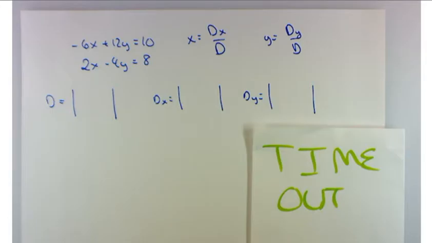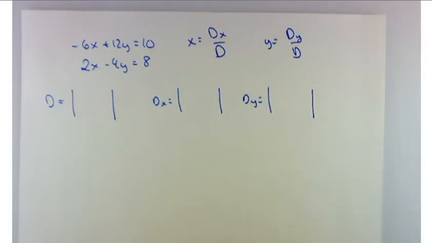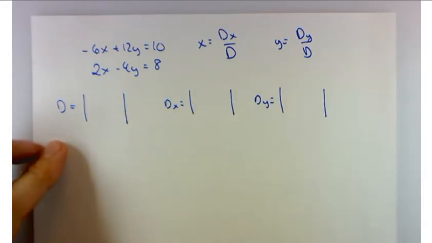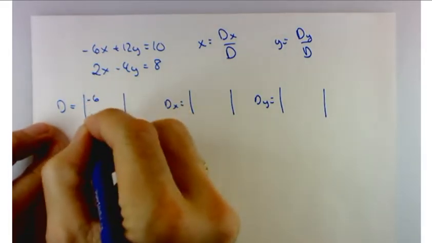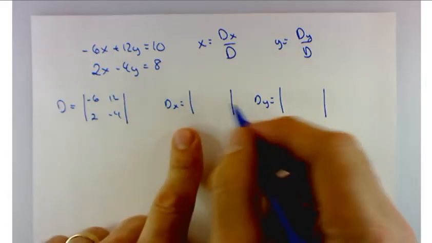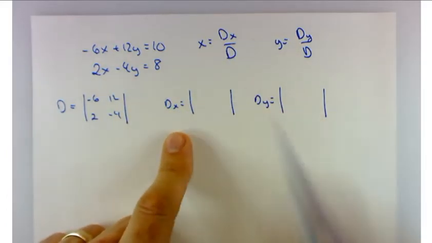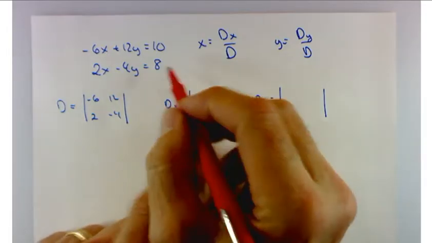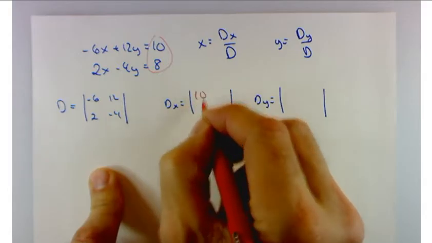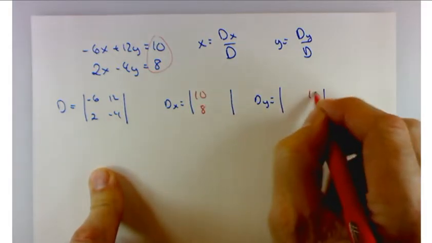Okay, so let's see how we're doing on this one. Our coefficients should look like this: -6, 2, 12, -4. One at a time, we need to start replacing these columns with this right here. So maybe we could put a 10 and 8 here, and then a 10 and 8 here.